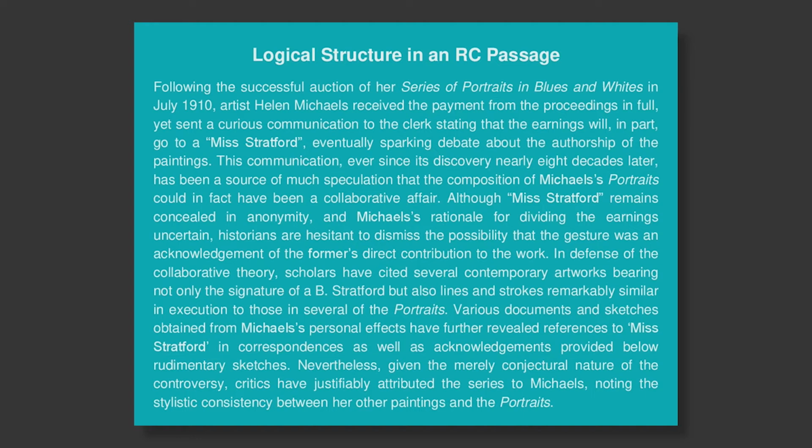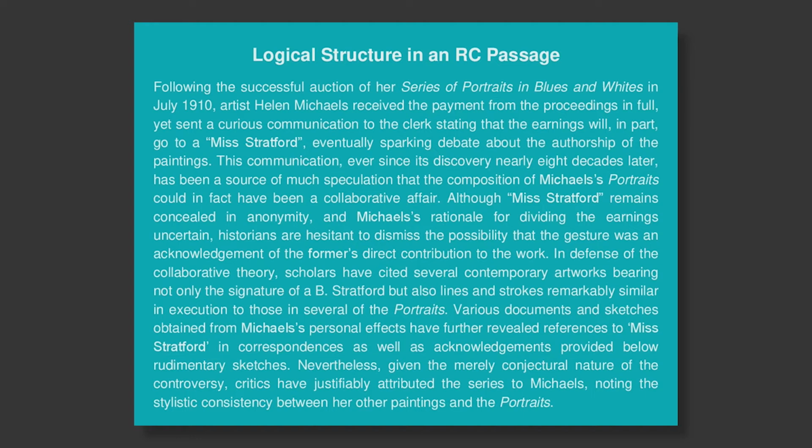So in B. Stratford's paintings, we're seeing lines and strokes that look like the lines and strokes in portraits, which is supposed to be by Michael's. So now that we're seeing a stylistic similarity, we're thinking maybe this Stratford is that Stratford, and Stratford did work on the portraits, right? That is something the scholars are suggesting in support of the collaborative theory.